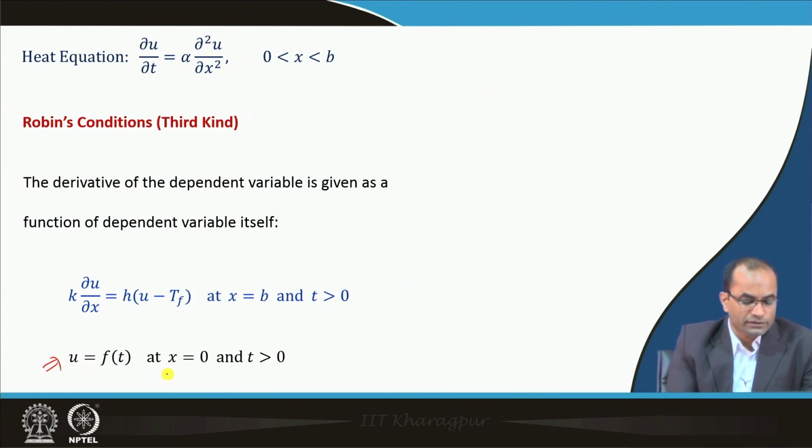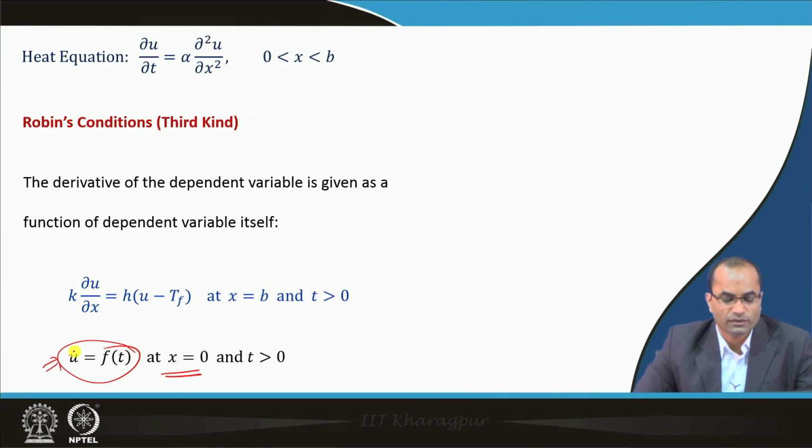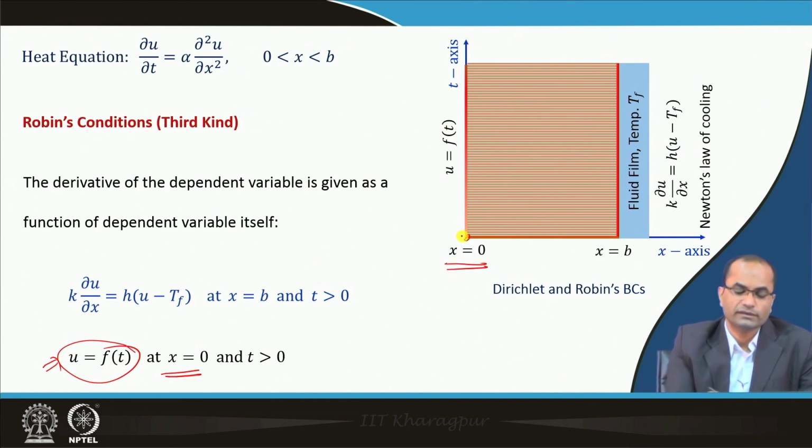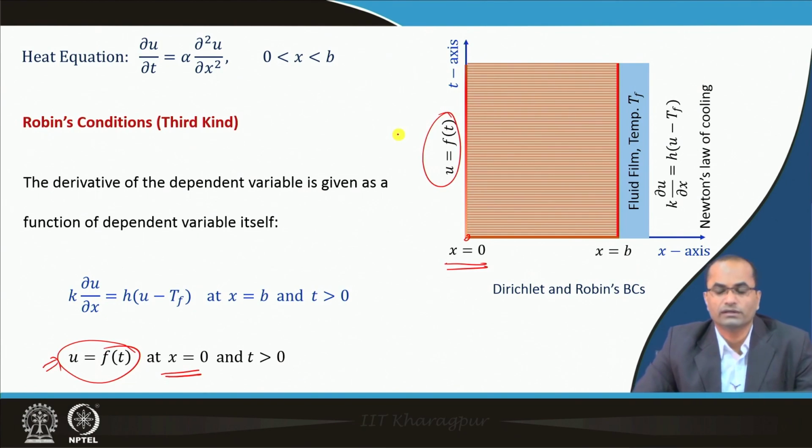The second end, for instance at x equal to 0, we are still keeping as a Dirichlet boundary condition. So, the situation in this case could be, from the modeling point of view, like this. At x equal to 0 we have the Dirichlet boundary condition.